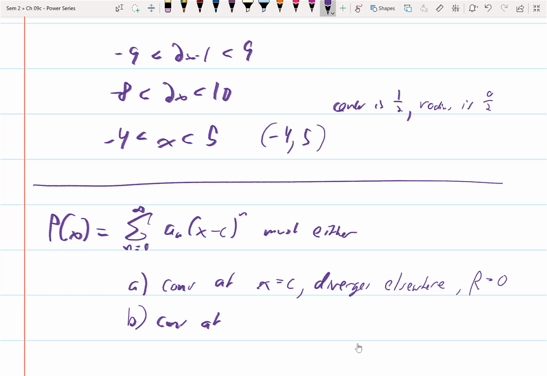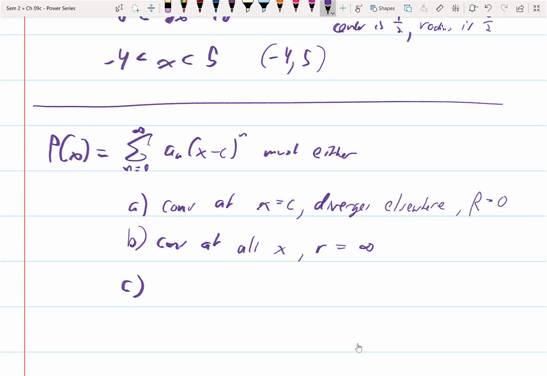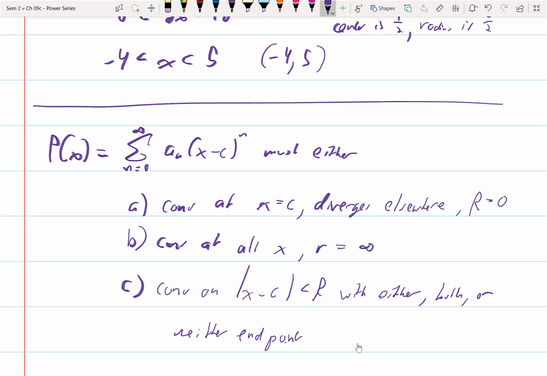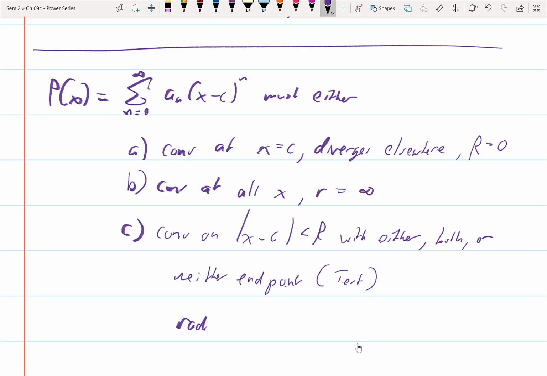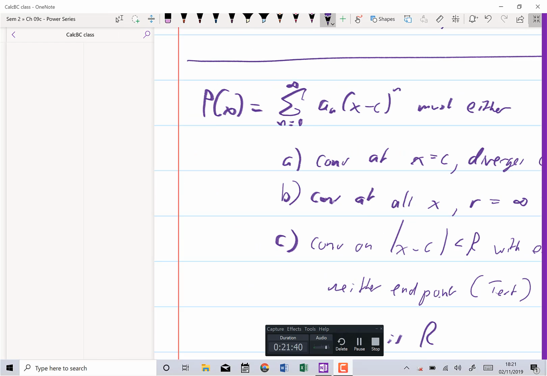Or it can converge at all x, in which case the radius is infinity. Or it can converge on |x minus c| less than r with either both or neither endpoint, and in that case, you must test the endpoints. And if this is also true, your radius is r. And we're done.